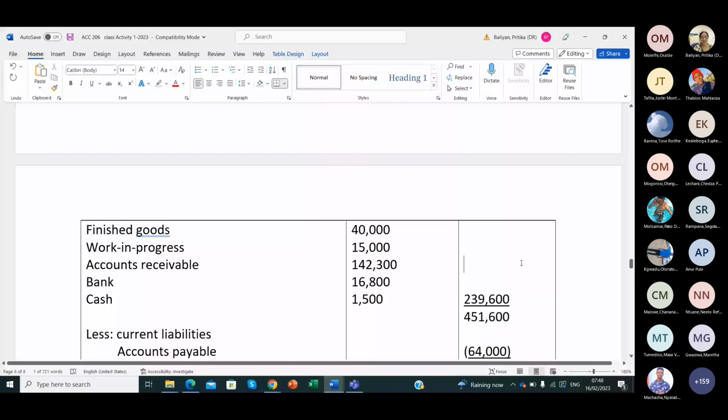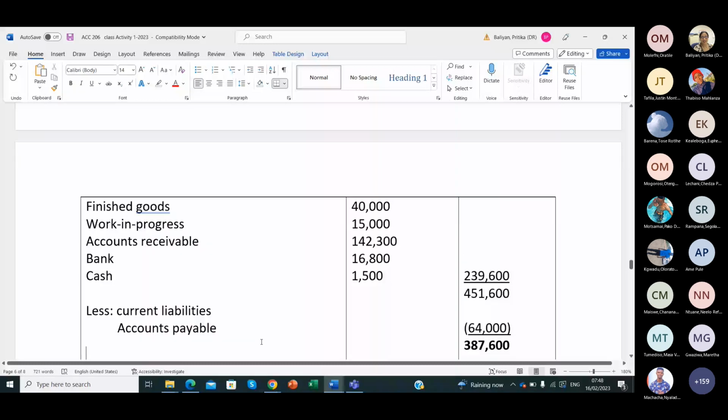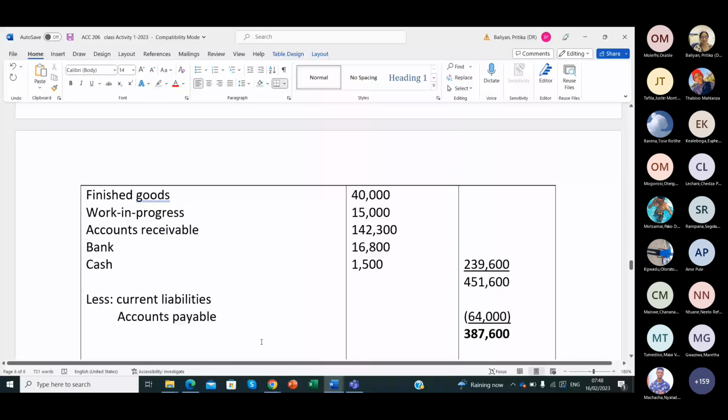Then from current assets, we subtract the current liabilities. So what kind of liabilities are given in the question? Liabilities can be like bank overdraft, account payable, or outstanding payment. Maybe the rent is not yet paid, so outstanding rent or any other payment which is not yet paid, we list them under current liabilities.